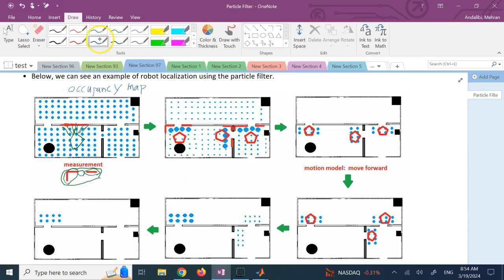If you center the robot at all of those particles, you see that in only these 3 positions you can have such a measurement, where you see the corner, the wall, and the opening at the same time, and the corner is on your left side.